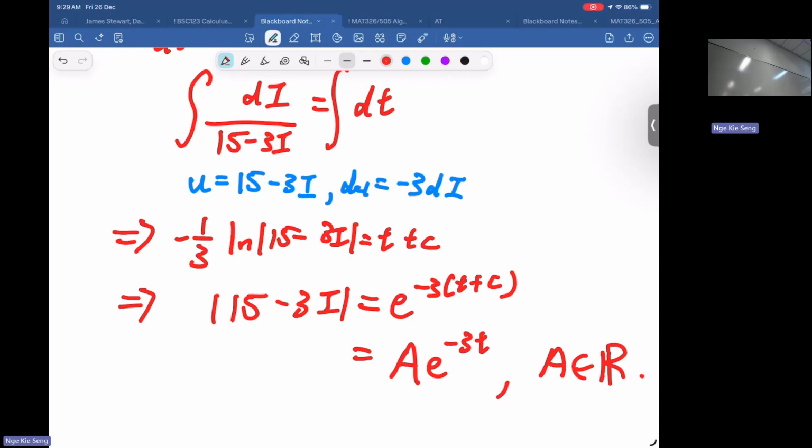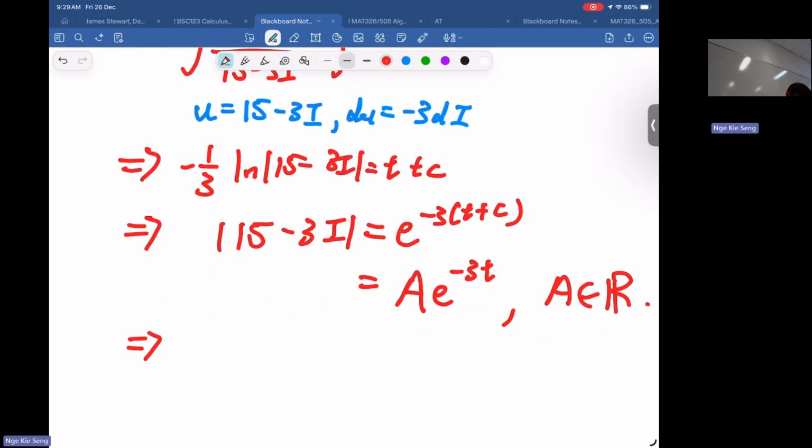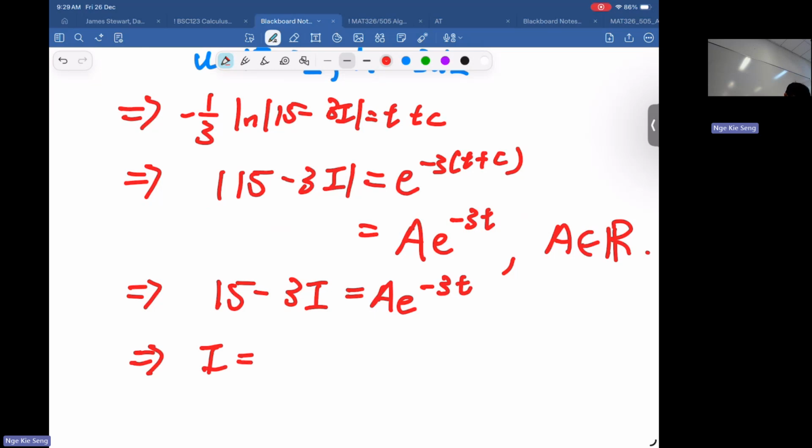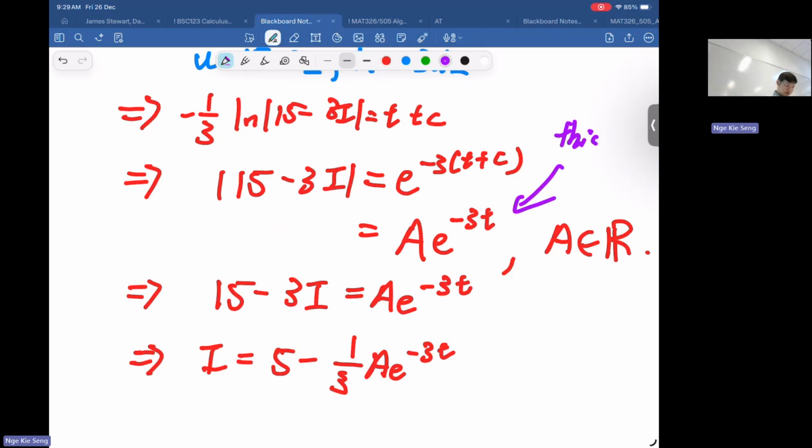But does it matter? Okay, it doesn't matter. You can see that the right hand side is always positive. So really, we only care about 15 minus 3i equals 3t. Then you can move it around, and you get that i should be 5 minus 3.